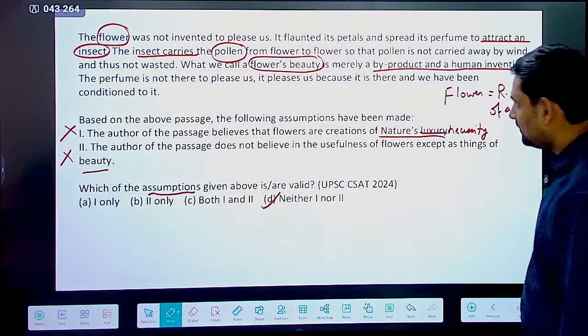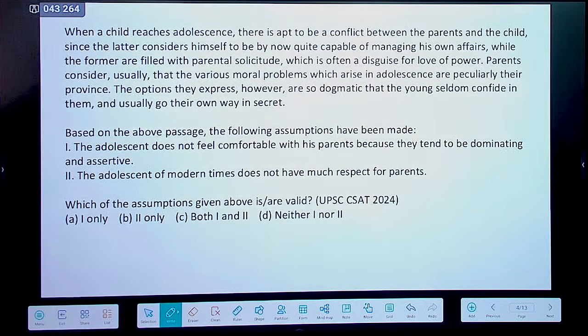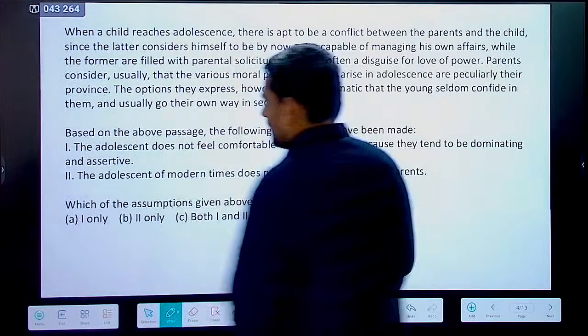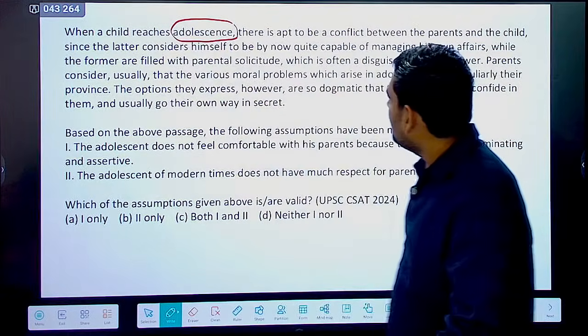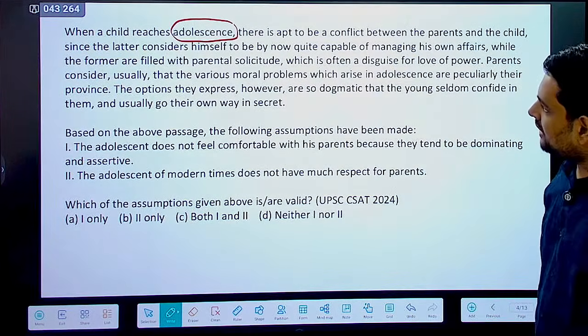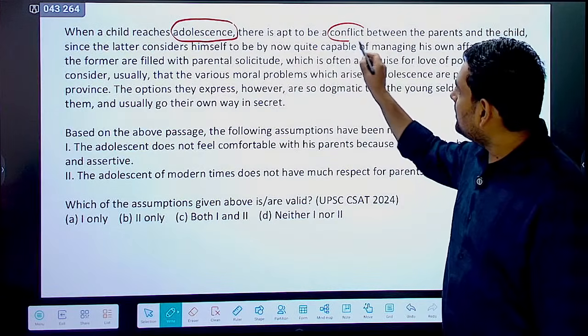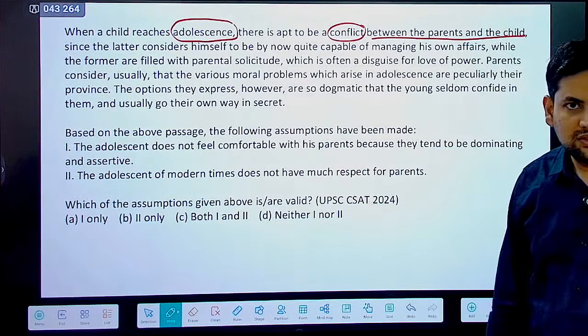Then next. Now, the same process we'll follow. Okay. When a child reaches adolescence, there is apt to be a conflict between the parents and the child. So in adolescence there is conflict between the parents and the child, correct.